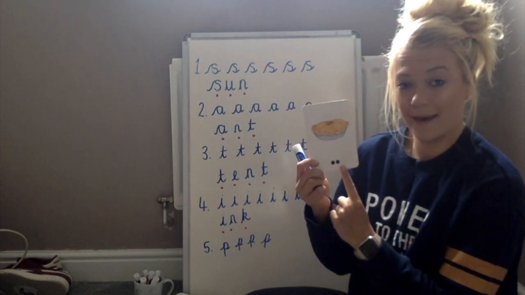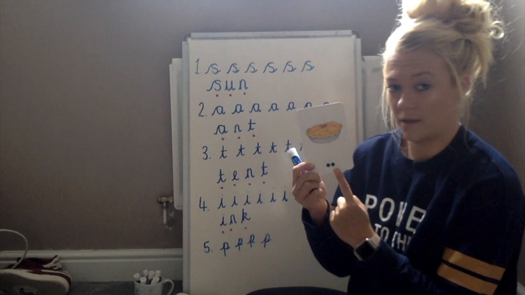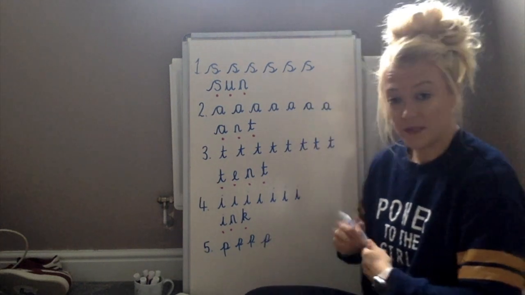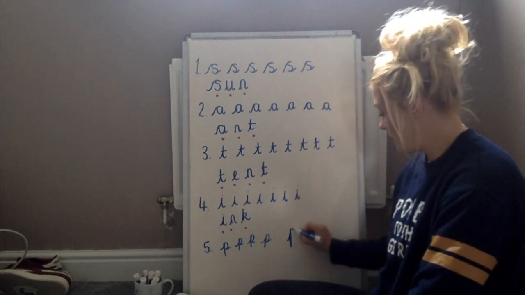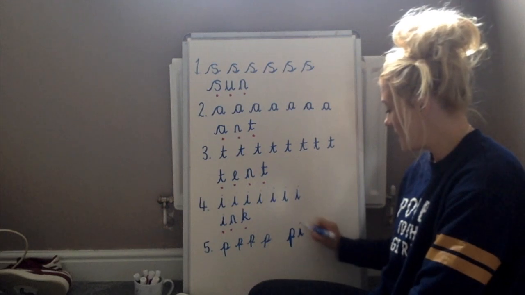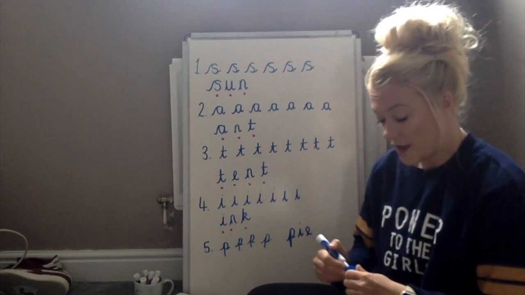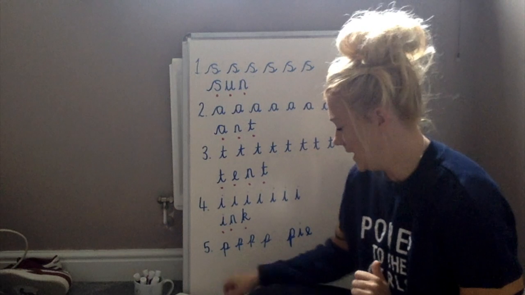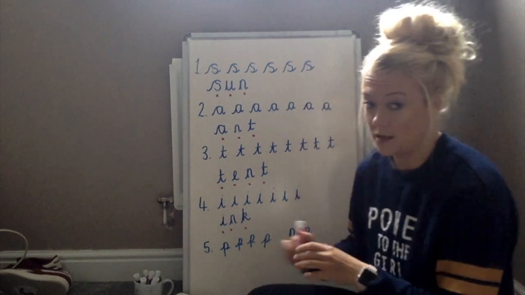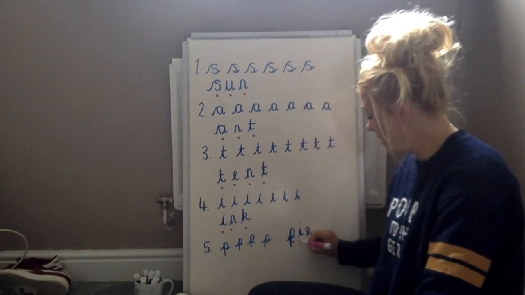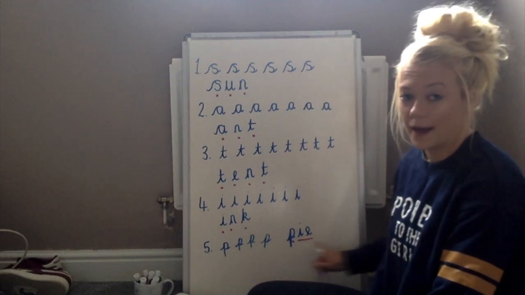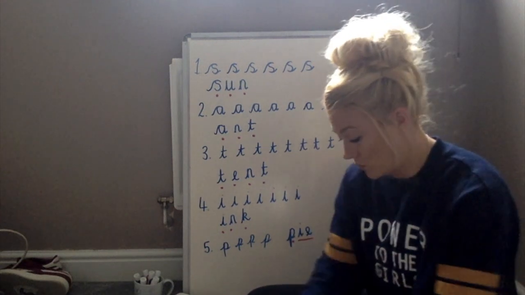P, I. Alright, so it should be spelled p, I. Now they've done it as buttons, but we normally do it as lines. But I don't mind either way, as long as you know p, I, pie. Alright, brilliant.